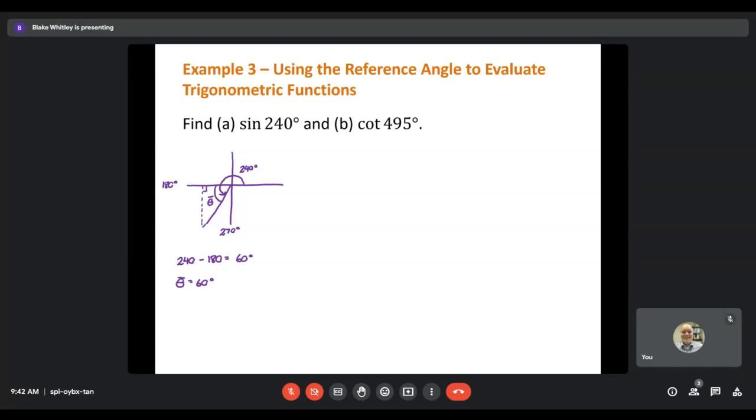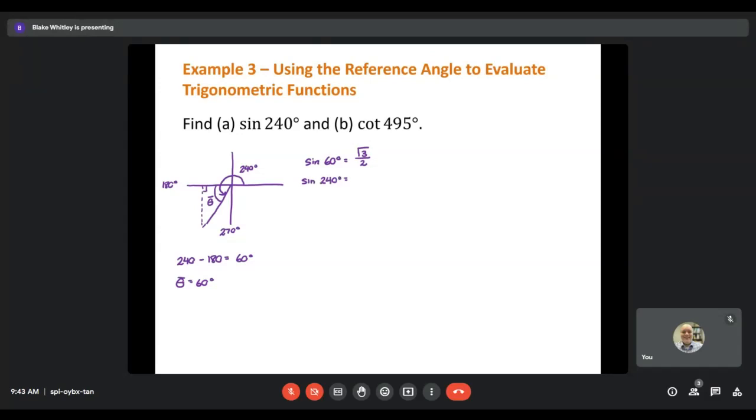From there, we're looking at sine, so I'm going to find the sine of 60 degrees. All we have to do is go back to that chart from the previous section. Sine at 60 degrees should give us square root of 3 over 2. But sine of 60 is not necessarily what we're looking for. We're looking for sine of 240 degrees.